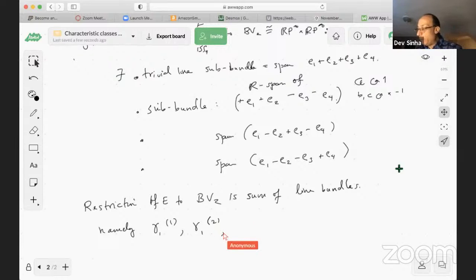And then the final one, if you have, say, C acting trivially, but A and B acting non-trivially, it's actually isomorphic then to the tensor product.